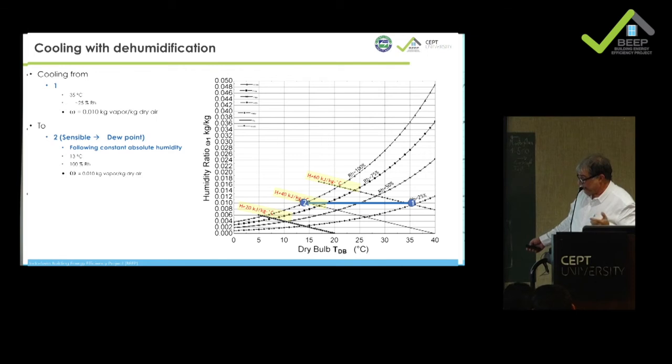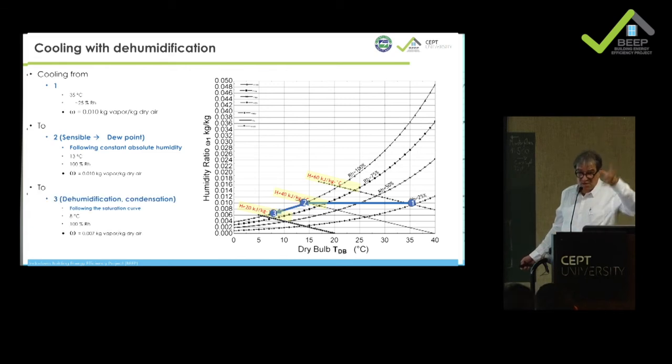And then we want to cool it further because we need to dehumidify, because the HVAC engineer told us he wants to keep a lower relative humidity. This is the one that's more important for comfort. Then we are going to dehumidify, which means we are going to cool, but we are going to condense. That means the cooling coil in the handling unit will start dropping water, and the water will have to be removed.